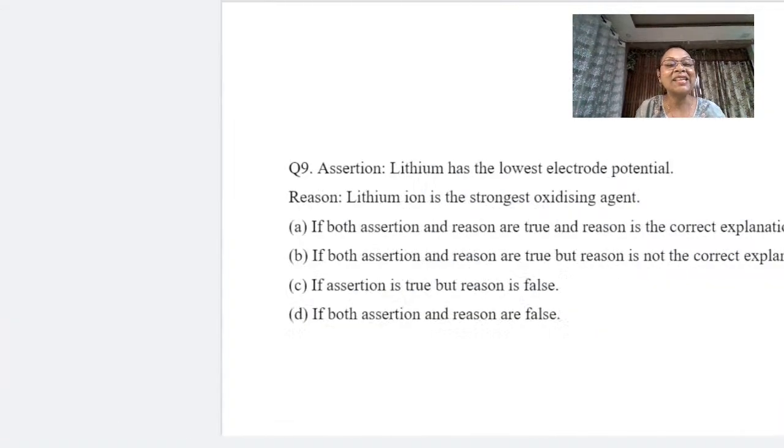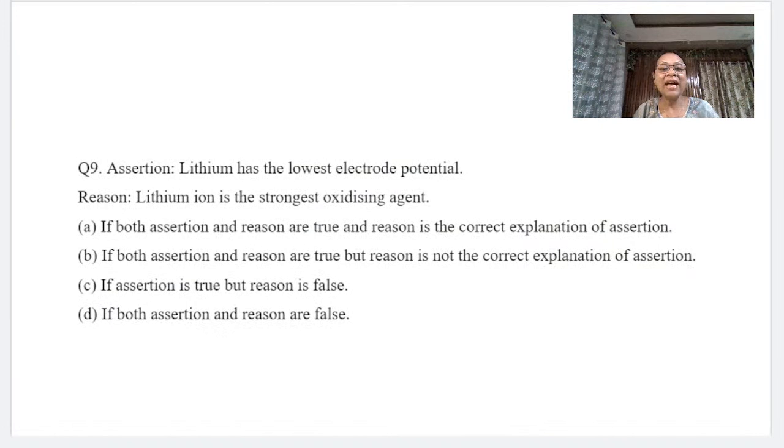Okay. Next, lithium has the lowest electrode potential. So definitely it has the lowest electrode potential. If you see the electrochemical series, the EMF series, you would see that it is at the lowermost end of the table. That means it has the lowest electrode potential and it is negative.